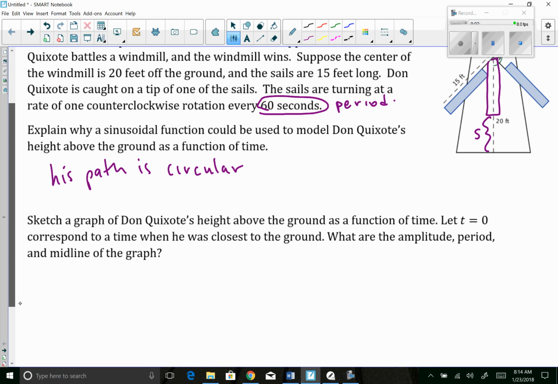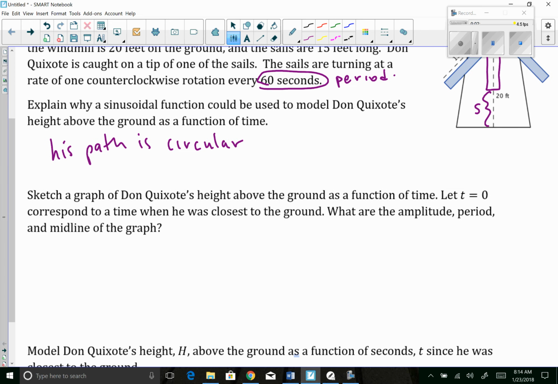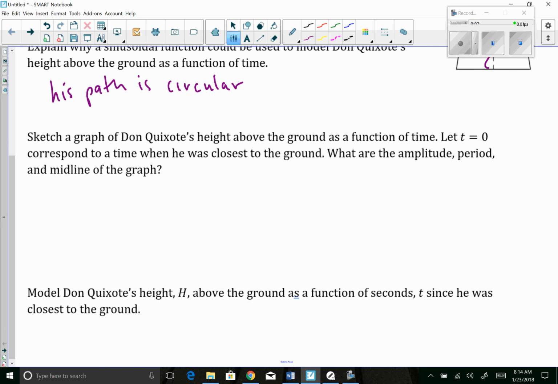The next part of the question says, sketch a graph of Don Quixote's height above the ground. Let t equals 0 correspond to the time when he's closest to the ground. So that means we're starting at 5. If we make a sketch here, since the lowest value that we have is 5 and the largest value that we have is 35, I know my y values are going to have a range from 5 to 35.